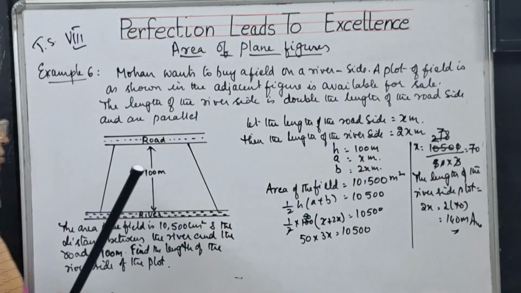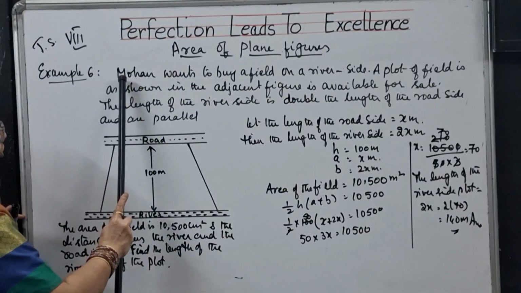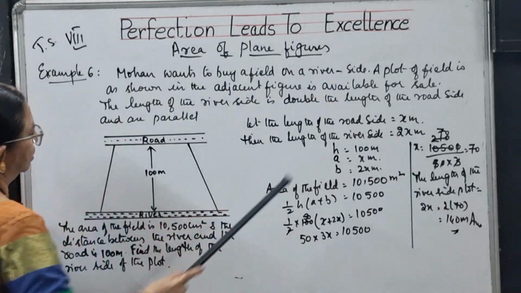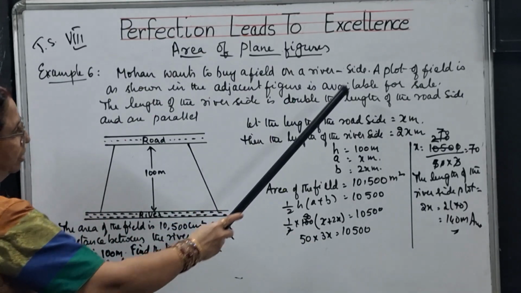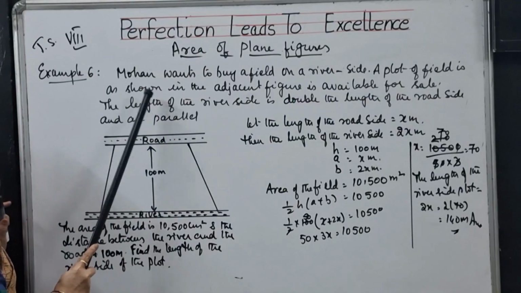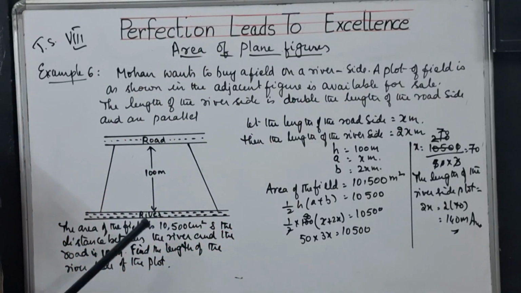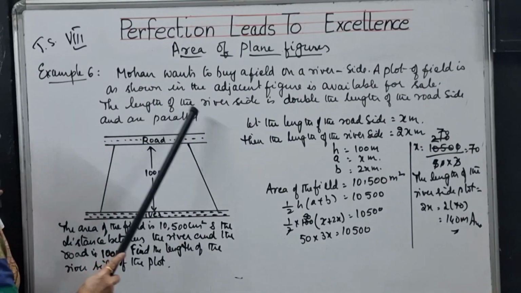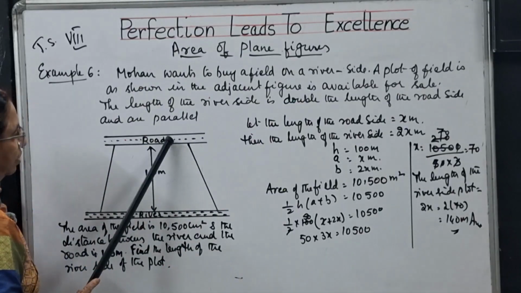So in the textbook they have given a figure like this. Mohan wants to buy a field on the river side. See, this is the river. A plot of the field, as shown in the adjacent figure, is available for sale. The length of the river side, this side, is double the length of the road side.